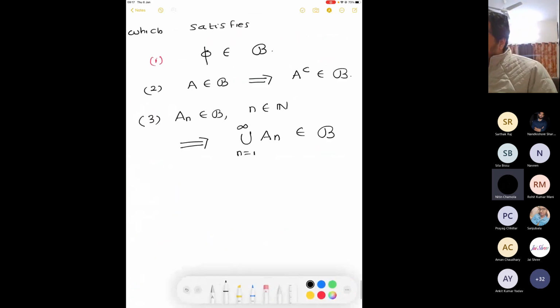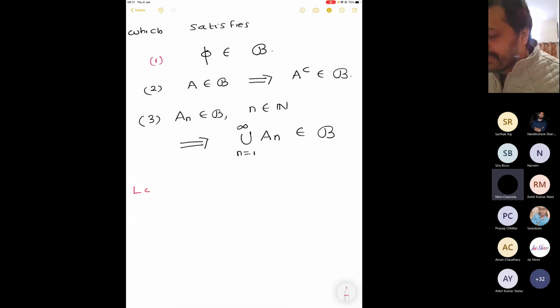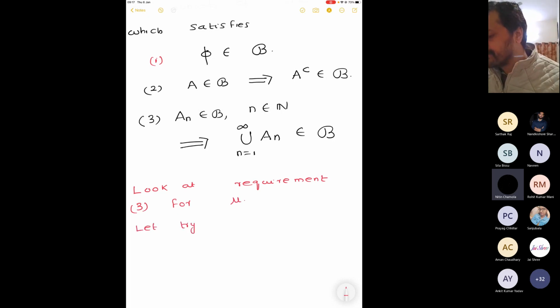So let me write like this. Look at requirement 3 for mu. Mu talks about finite union.